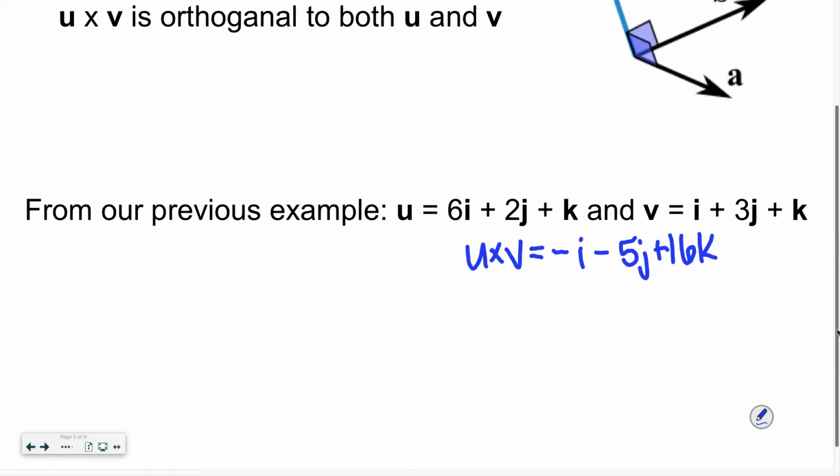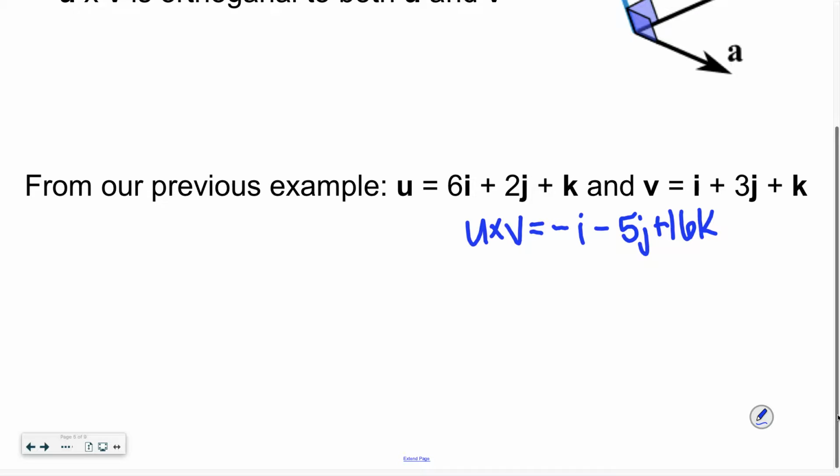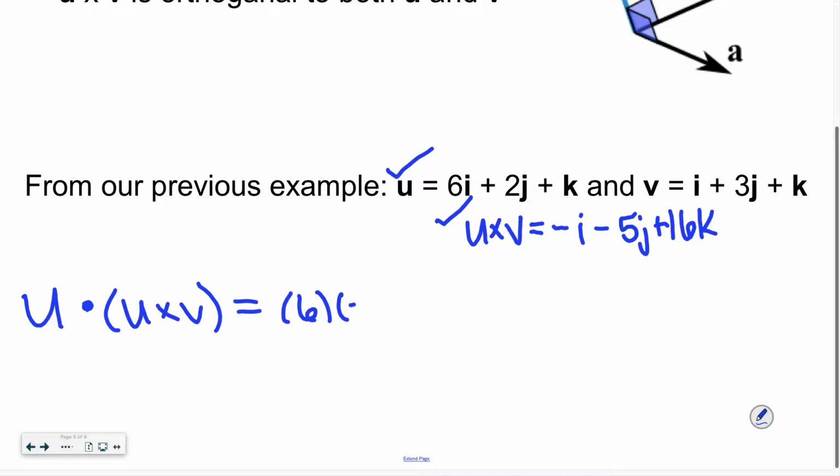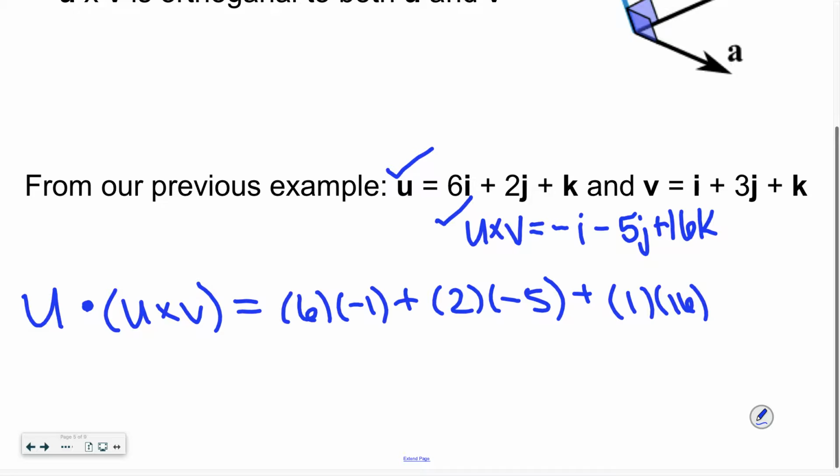Okay, so let's find the dot product of U and U cross V. We take 6 times negative 1, and 2 times negative 5, and 1 times 16. So we have negative 6 plus negative 10 plus 16.